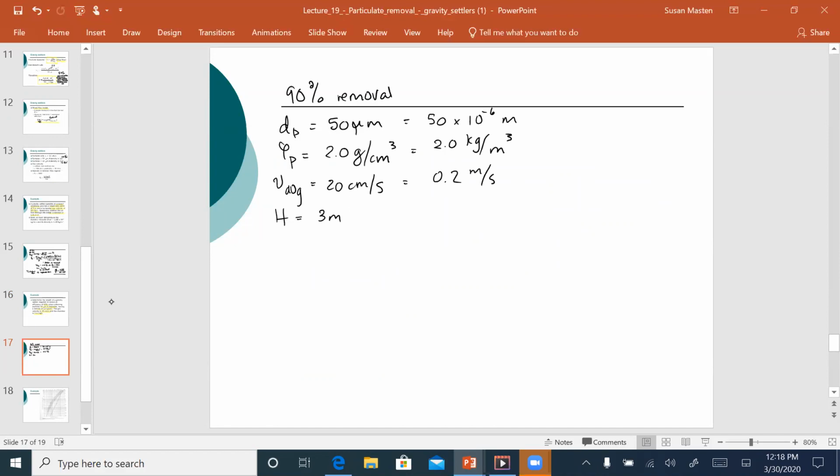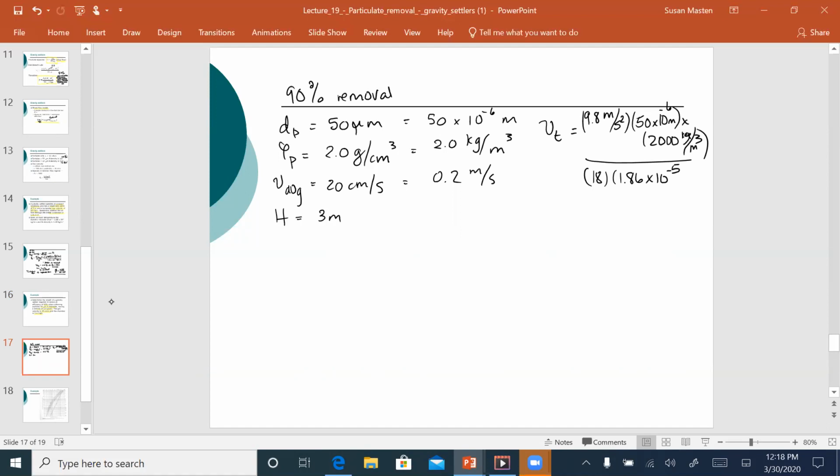So if we calculate the terminal settling velocity, that is 9.8 meters per second squared times 50 times 10 to the minus 6 meters times 2,000 kilograms per meter cubed, and we'll divide that by 18 times 1.86 times 10 to the minus 5.